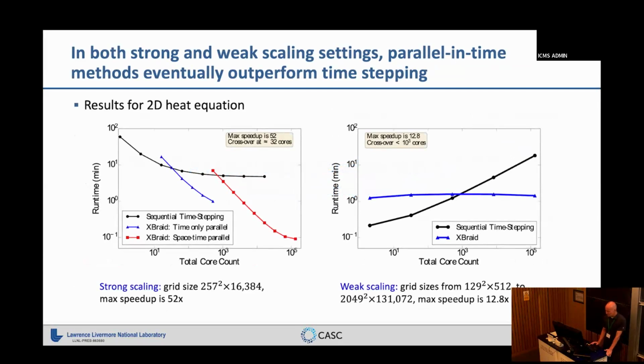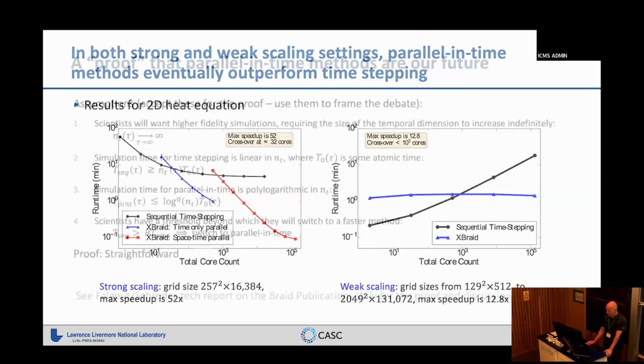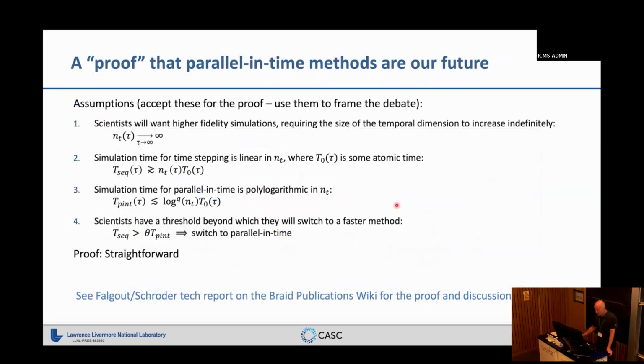This is one way to show it: if you take a simple heat equation, you can show with both strong scaling and weak scaling that eventually parallel time is going to be the faster way to go. But Jacob and I also wrote a little tech report that I thought I'd mention here. You can look at it on the Braid Publications Wiki, where we did a proof that this is inevitable.